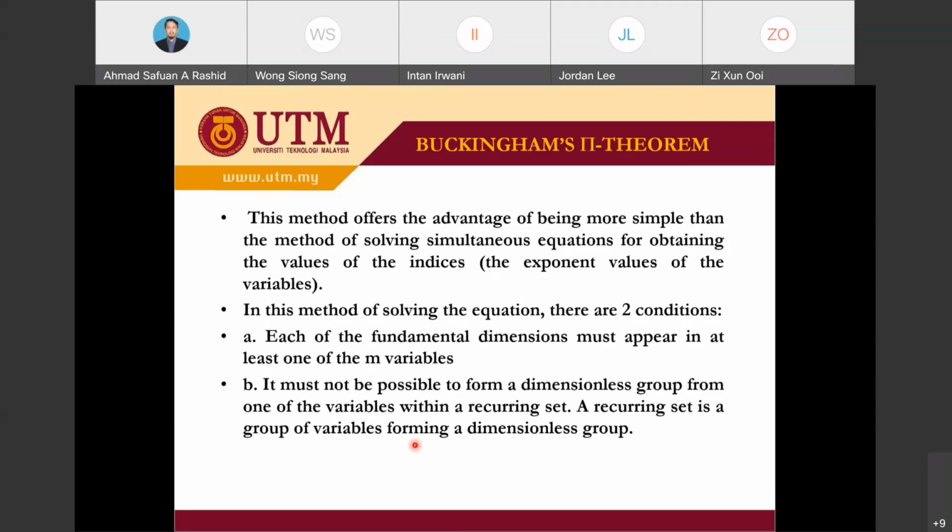In this method of solving the equation, there are two conditions. Each of the fundamental dimensions must appear in at least one of the m variables. It must not be possible to form a dimensionless group from one of the variables within a recurring set. A recurring set is a group of variables forming a dimensionless group.